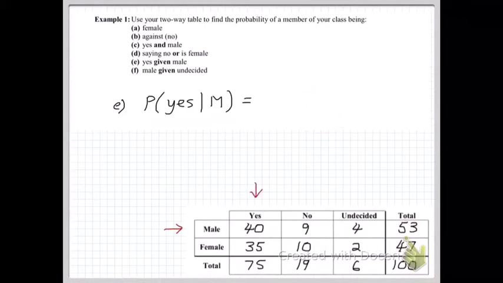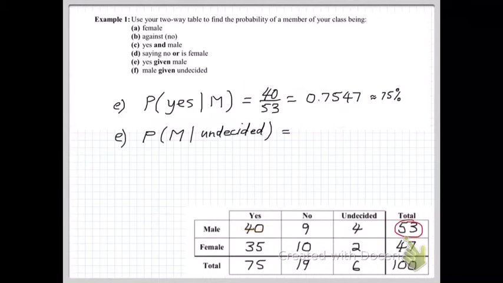They're voting yes. 40 people who are male voted yes, but the total is 53 males. So the probability is 40 over 53, which is approximately 75%. You must not divide by 100 because we're not working with the total number, which includes females. We're only working with the males. That's the condition on the problem.